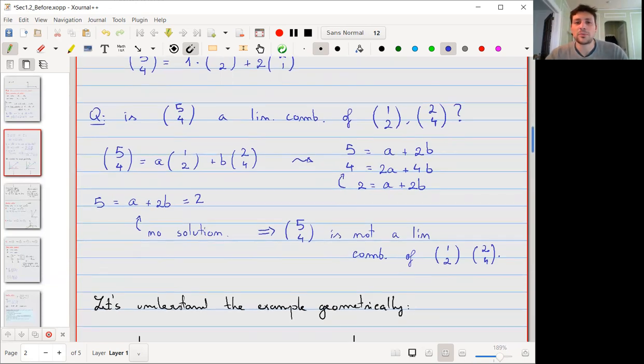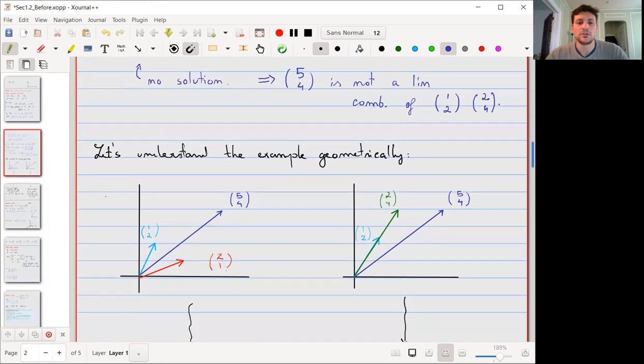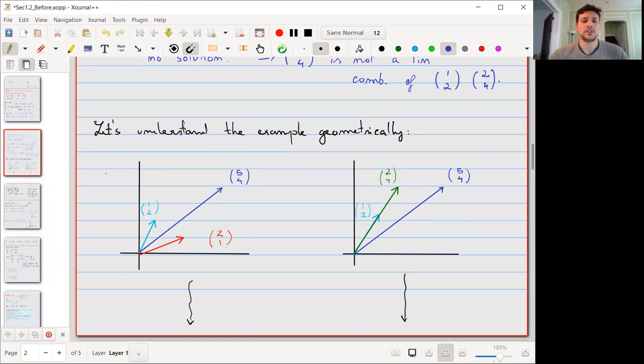We can give this example a geometric interpretation in the following way. So let me draw everything. That's what's written here. See, the first case is what we had here. We have the vectors 1, 2 and 2, 1. And we said that we can write 5, 4 as a linear combination of these two.